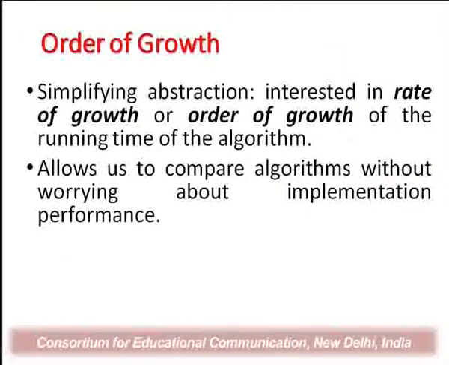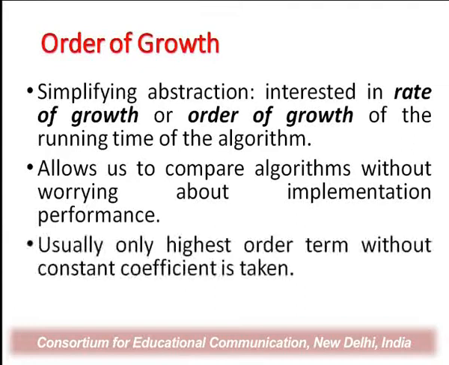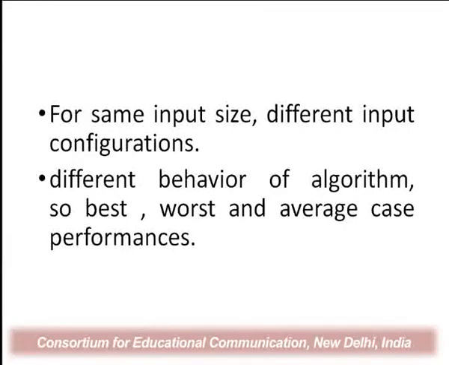Order of growth is a way of having some abstraction in the analysis, which allows us to compare algorithms without the implementation performance or the discrete units of time. We are only interested in higher order terms, without worrying about the lower order terms or the constant coefficients.